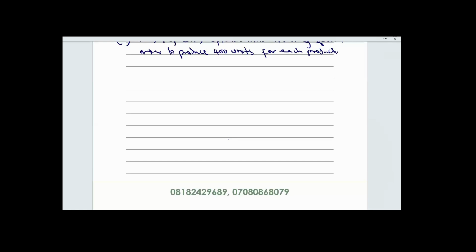So in this circumstance, the first thing we are going to do is to determine the number of units required for production. That would be the normal production plus the special order. So I can then say, total units required for production.